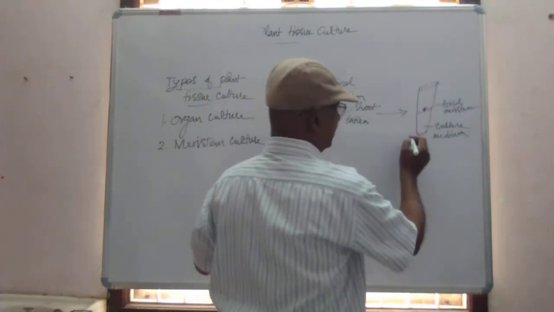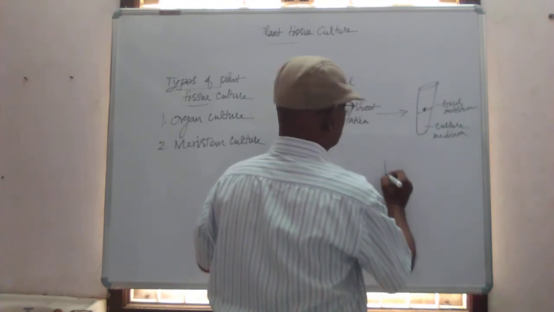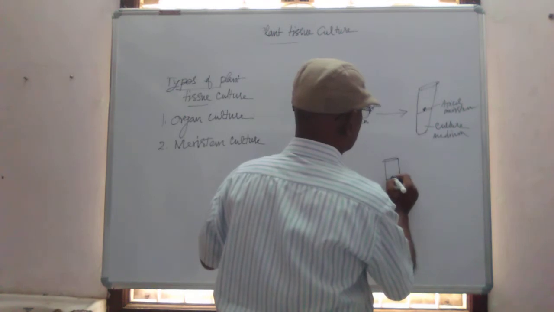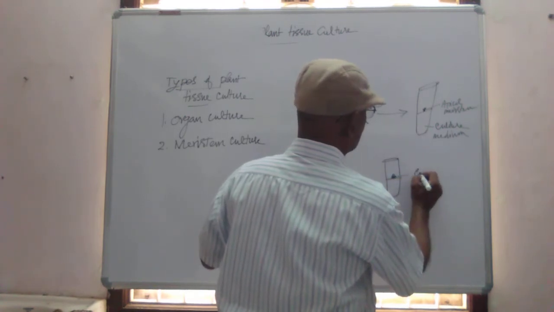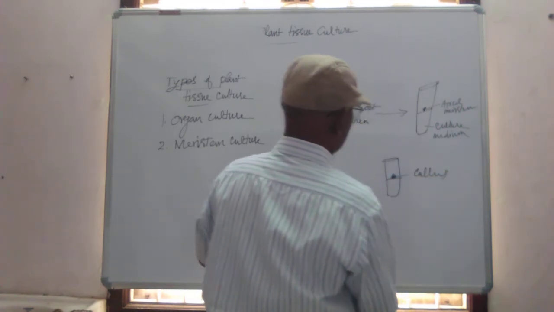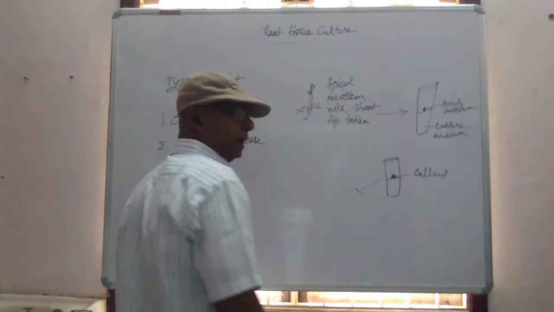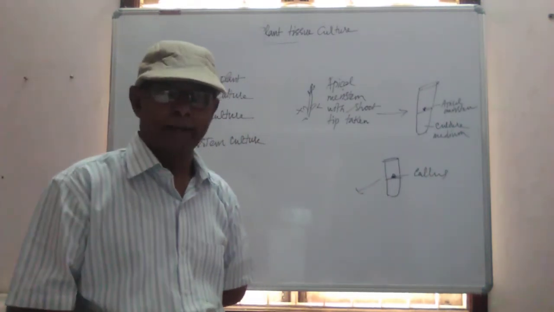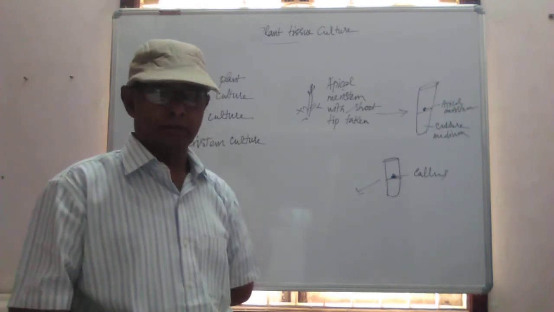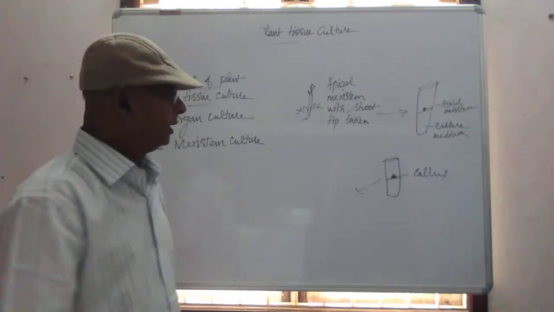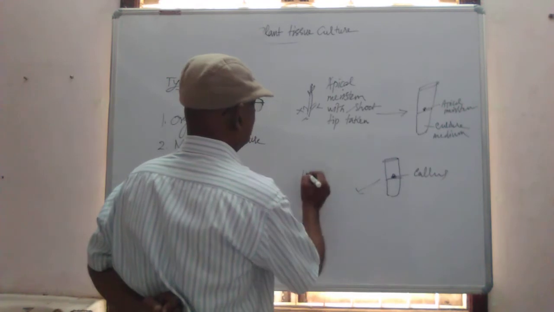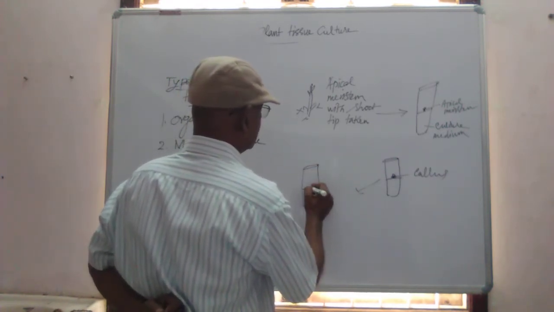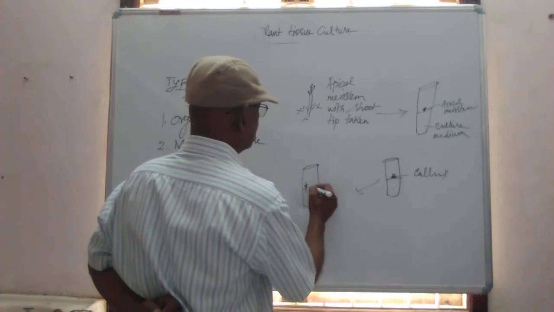The apical meristem will grow into callus. After providing some growth hormone, for example auxin, depending on the concentration of the auxin, the callus will give rise to plantlets. From the callus, plantlets will be produced.